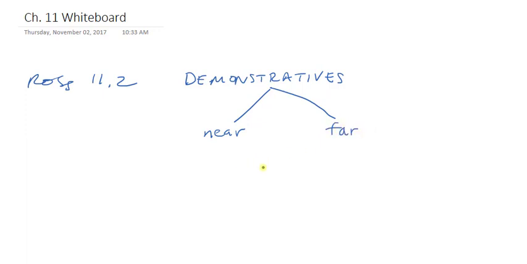Sometimes people like to describe these as proximate and remote. Now, the point of orientation is the speaker. That is to say, if I'm the speaker, then I'm the point of orientation, and if something is closer to me, I might use a near demonstrative to refer to it, and if it's farther away from me, I would use the far or the remote demonstrative.